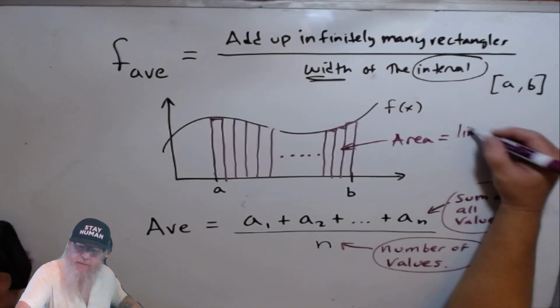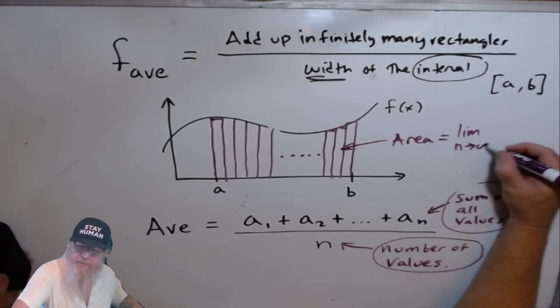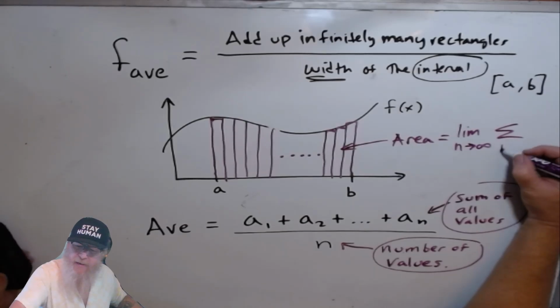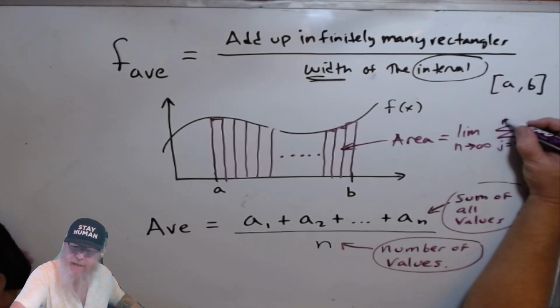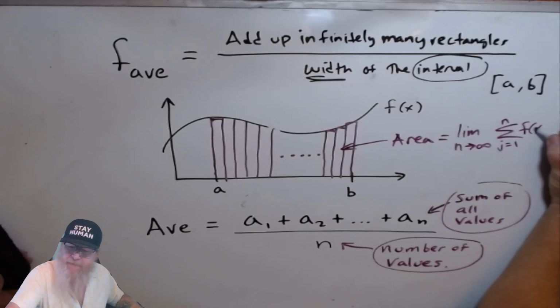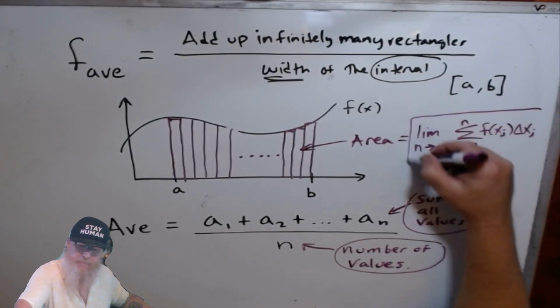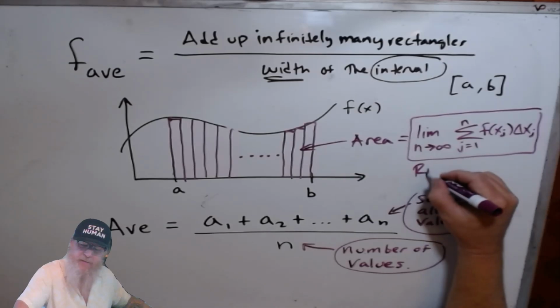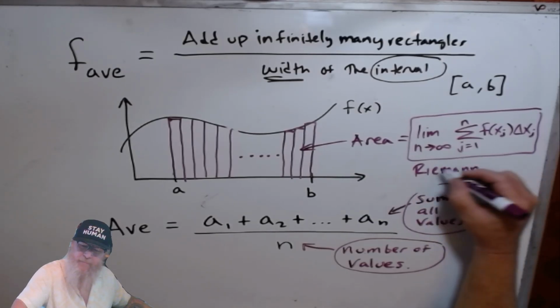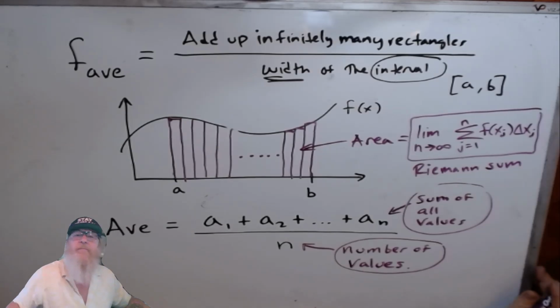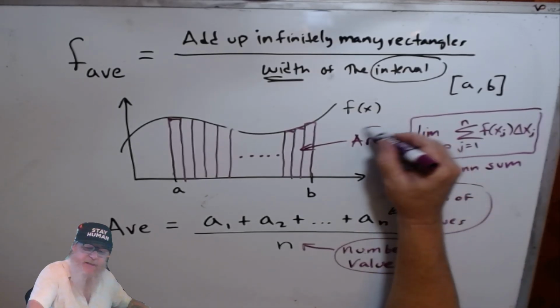The area is the limit as n goes to infinity of the sum from j equals 1 to n of f of xj delta xj. Yeah, the Riemann sum. So that gives us the area.